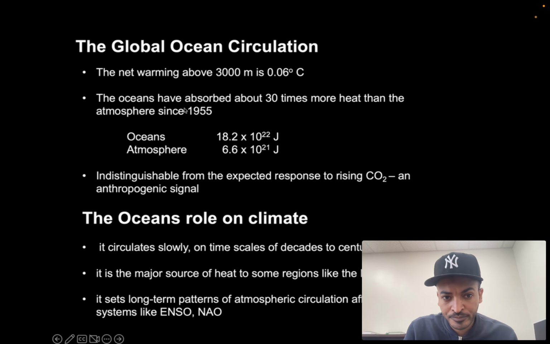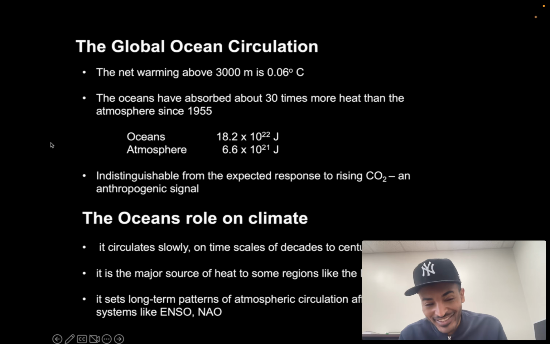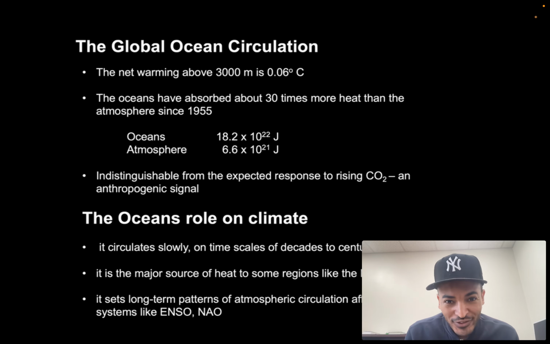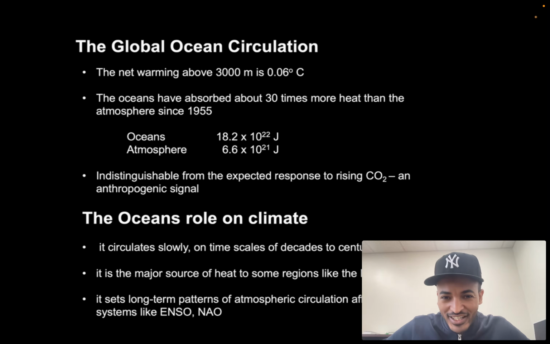For instance, the oceans have absorbed about 30 times more heat than the atmosphere, right? If we view the planet, it's basically the oceans and then tiny pieces of land. In terms of area, the ocean covers a large portion of the planet.